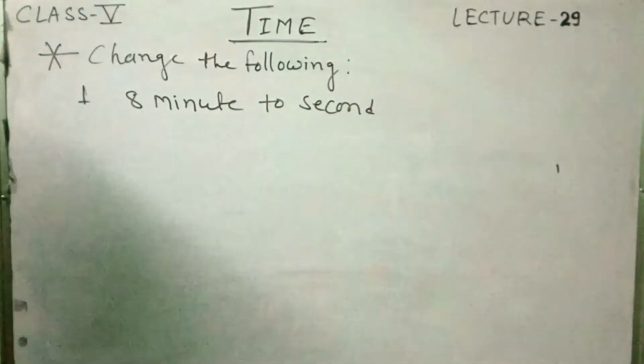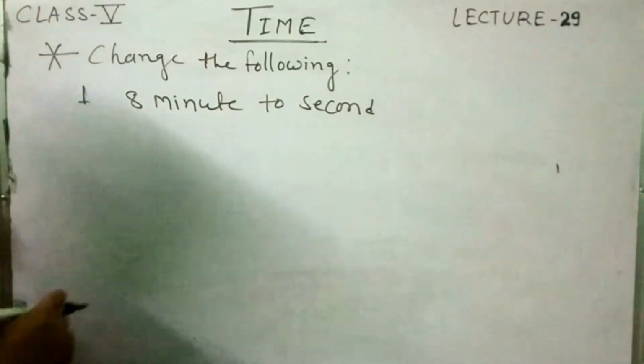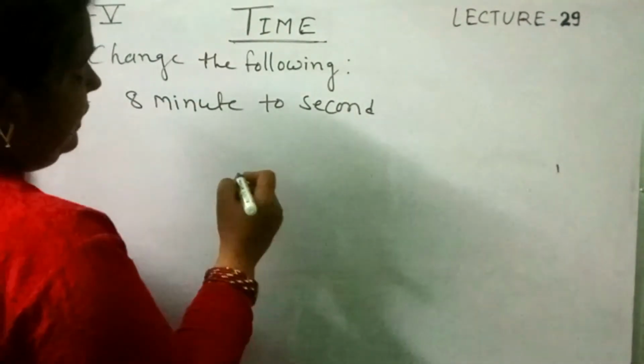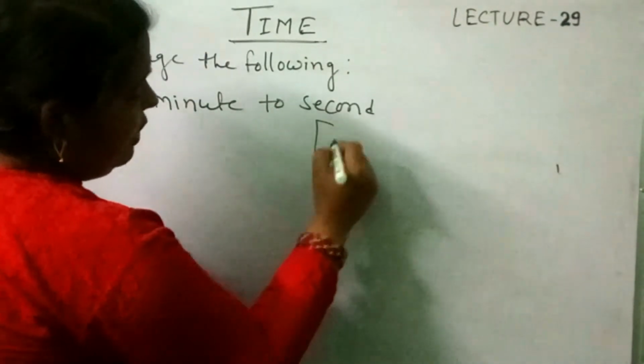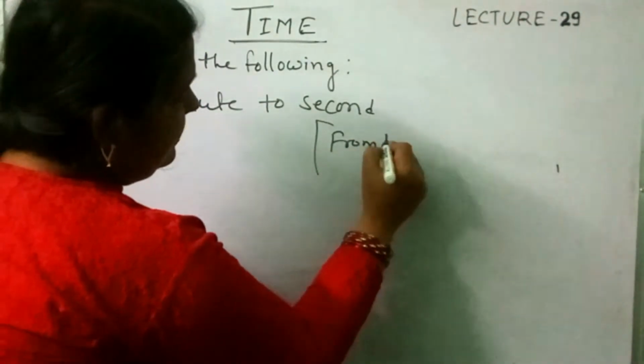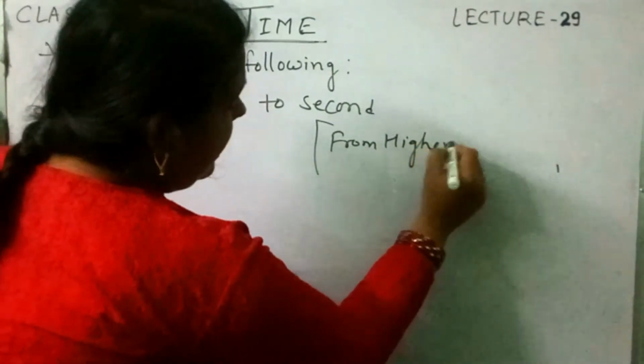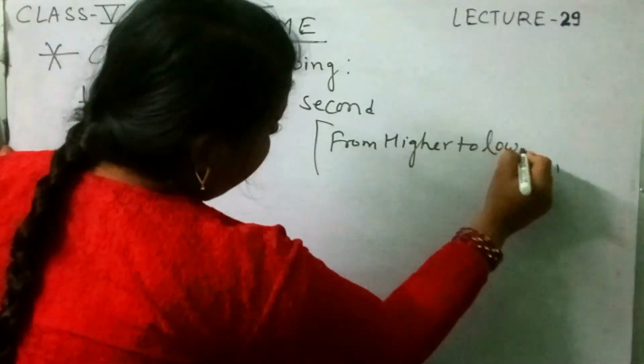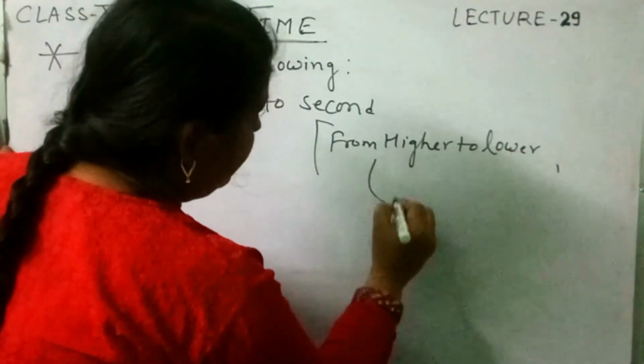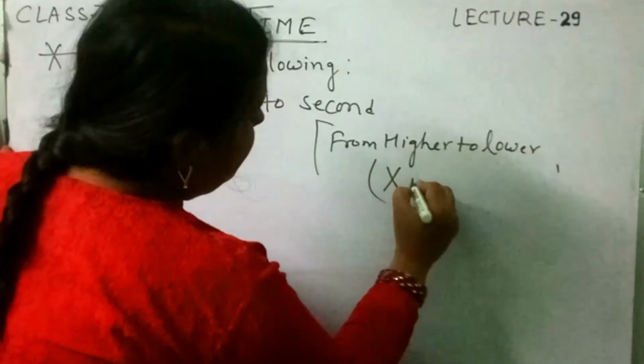Students, in the previous class I told you when you change from higher to lower, what symbol do we have to use? We have to use multiply.